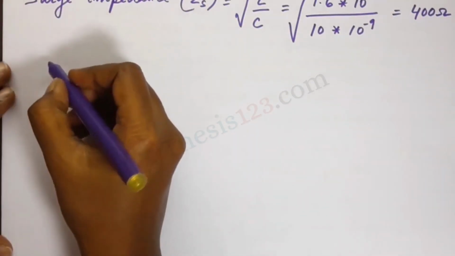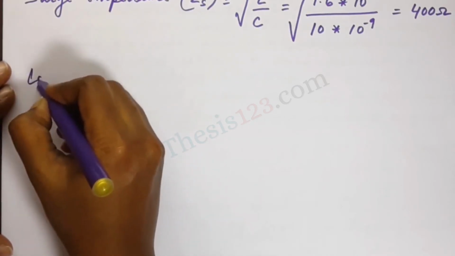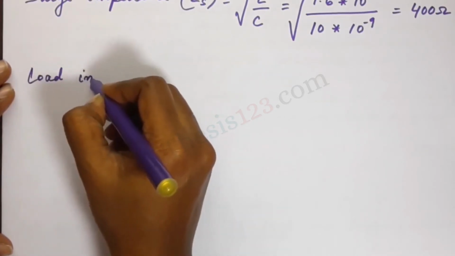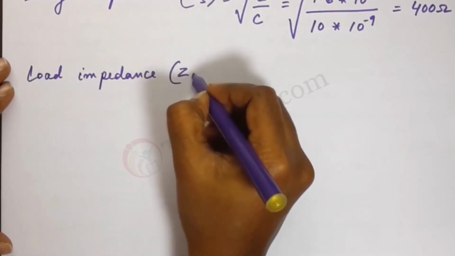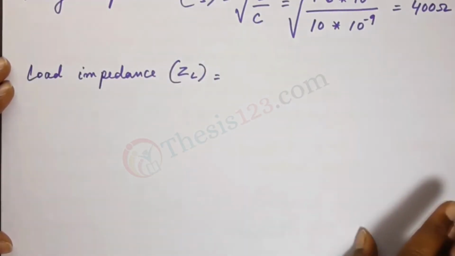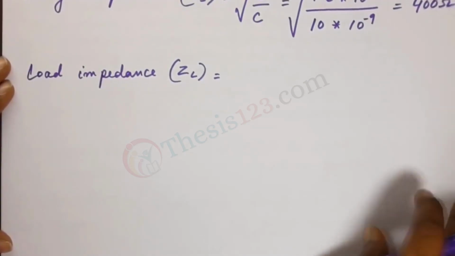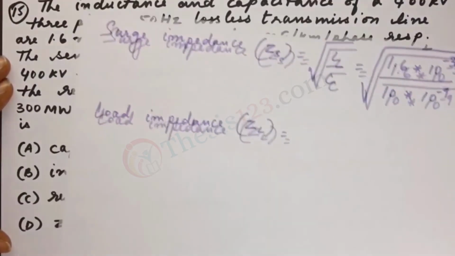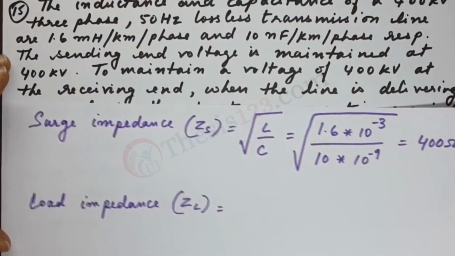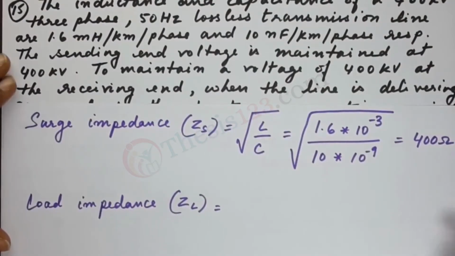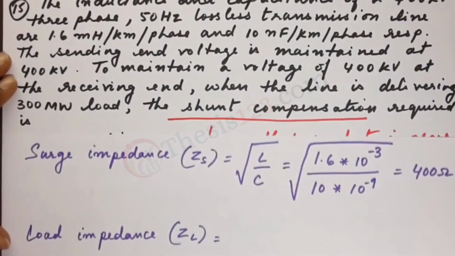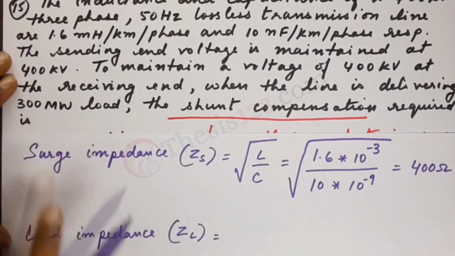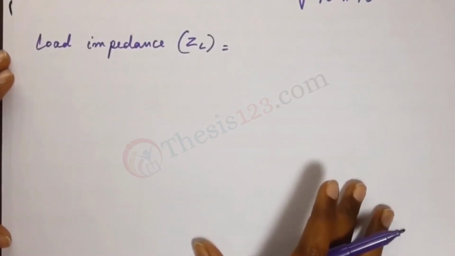Now let's look at the load impedance ZL. ZL can be calculated in terms of the power that's given. We have been given 400 kV and a load of 300 megawatts.